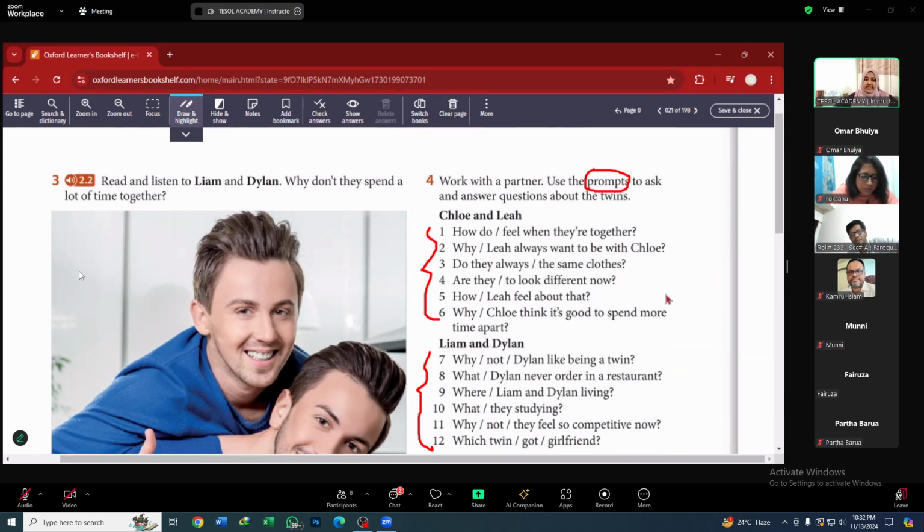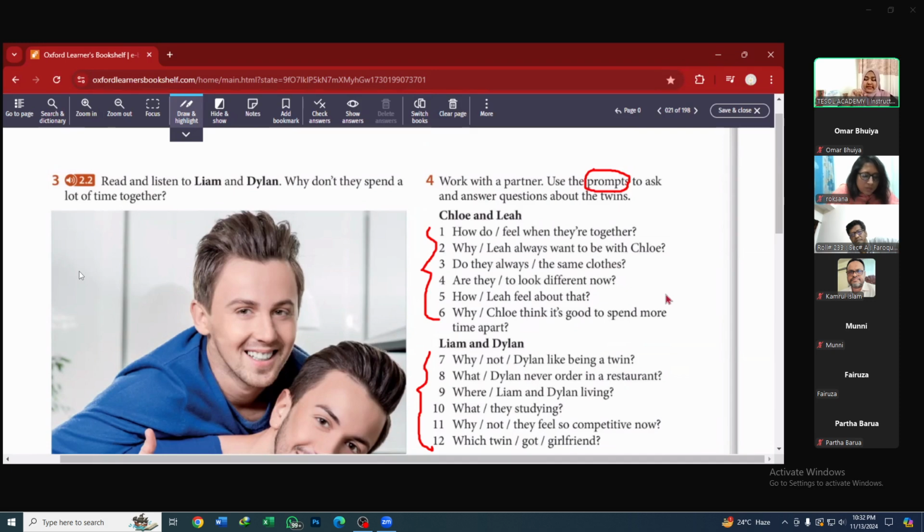The other prompt is some small topics or small phrases that are given to us as a reminder or as a help. Suppose an actor is shooting and he forgot his lines. He is supposed to say good morning, lovely day again, but he forgot that line.